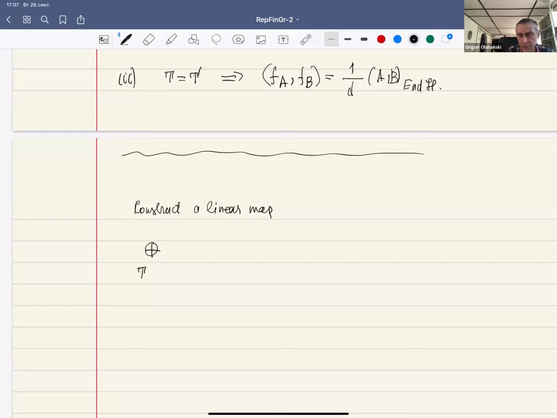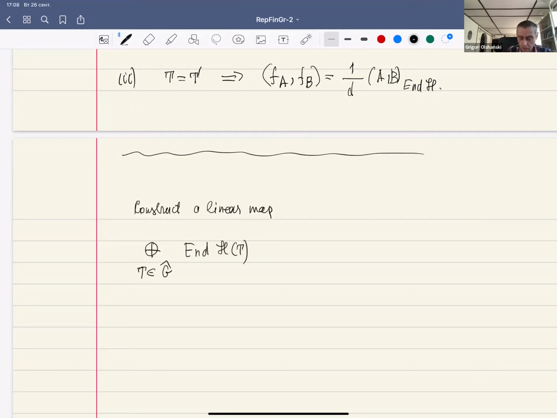As it often happens, I will identify equivalence classes and simply representations, irreducible representations. So take all irreducible representations, take the direct sum of these spaces.